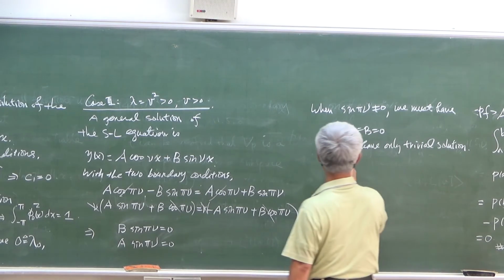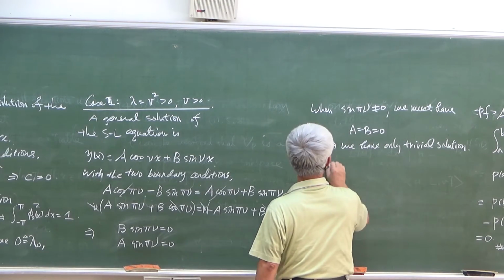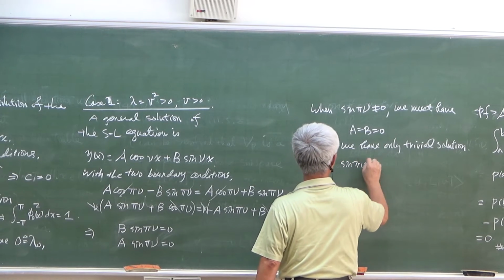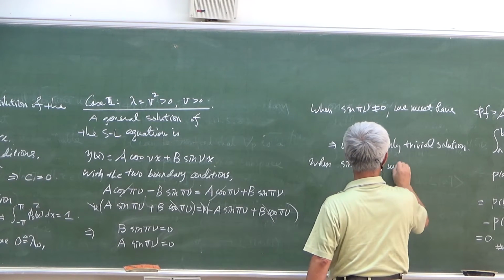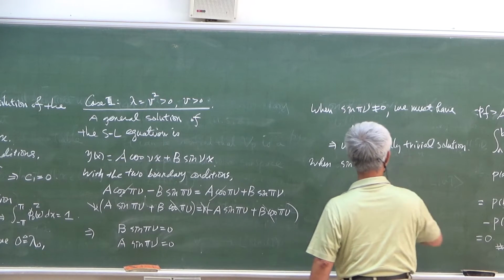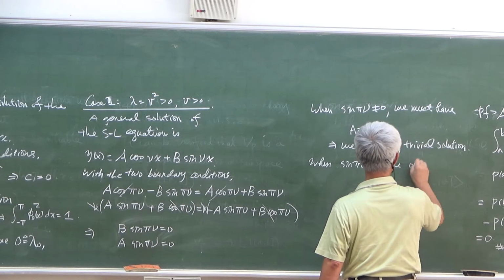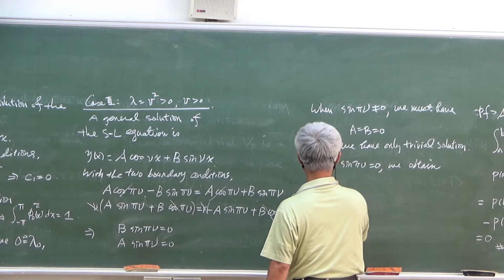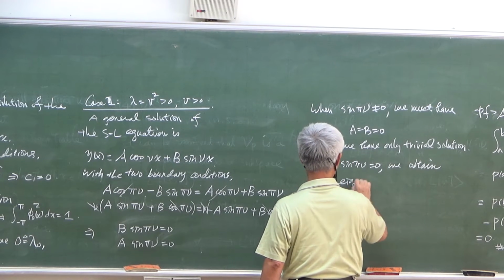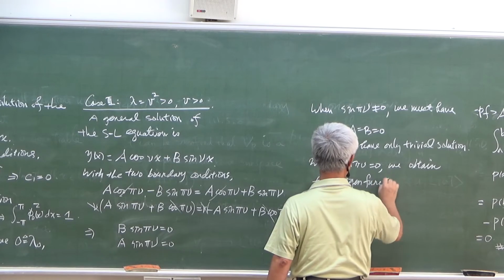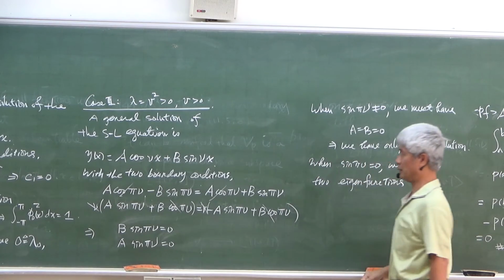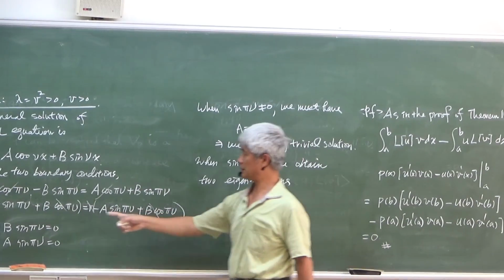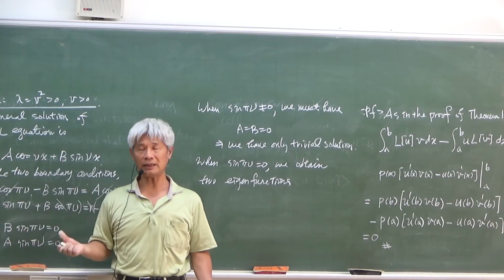But when sine πμ equals 0, we obtain two eigenfunctions, because A and B can be any constant.